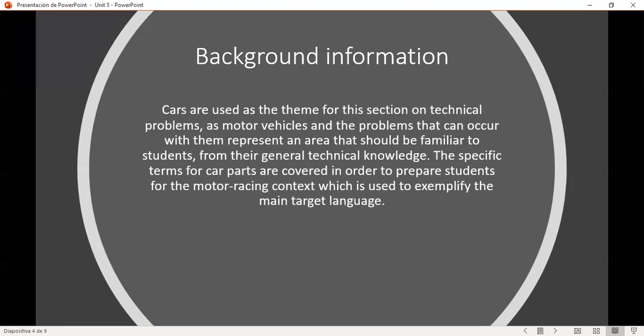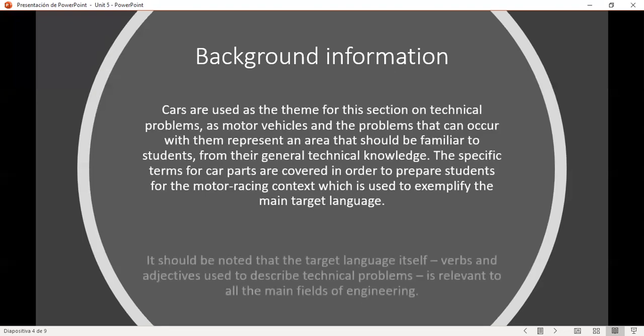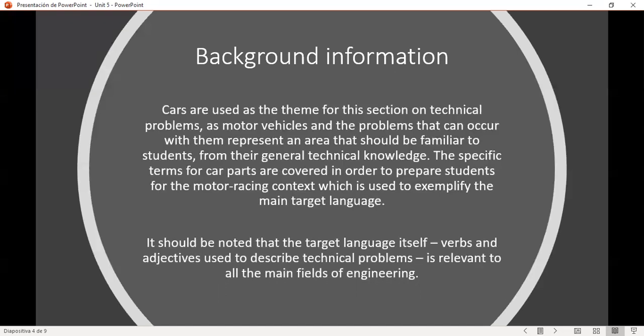That's also important. We're going to talk about vehicles in the motor racing context, which is used to exemplify the main target language of this unit. When you talk about motor racing, you are talking about cars with high speed, exactly like Formula One and stuff like that.